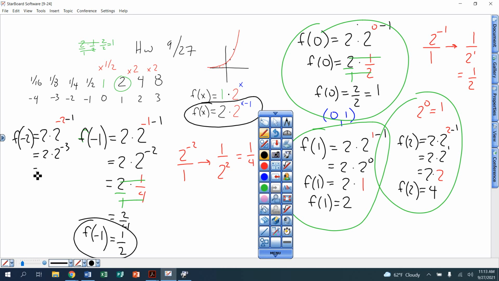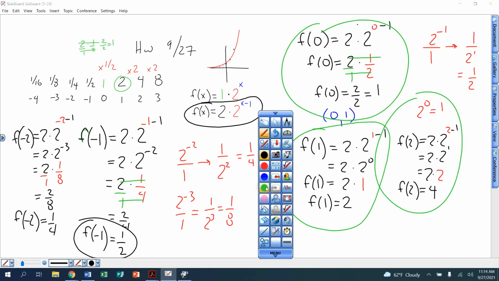By definition, 2 to the negative third is 1 over 2 to the positive third, which is 1 over 8. So I leave that 2 alone. 2 to the negative third becomes 1/8. And now when I put that straight across and times straight across, that gives me 2/8, which is the 1/4 answer right there.